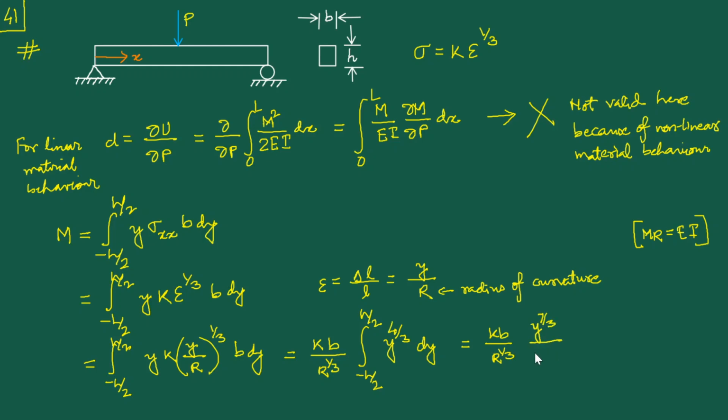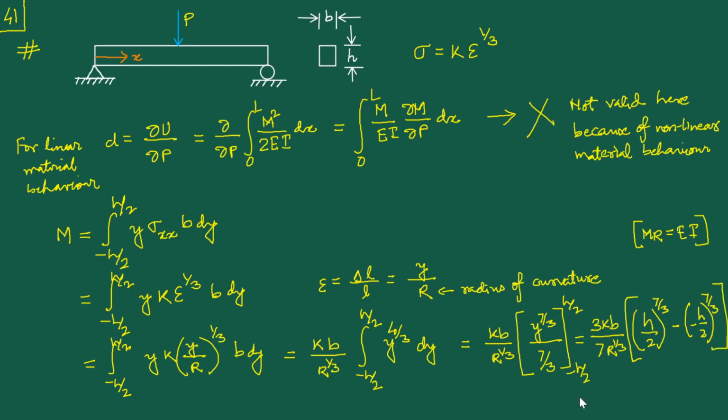The first time you do it, it sounds quite offbeat, but not to worry. Please note that we have the integration limits h/2 to minus h/2. So that gives me (h/2) to the power 7/3 minus (minus h/2) to the power 7/3.